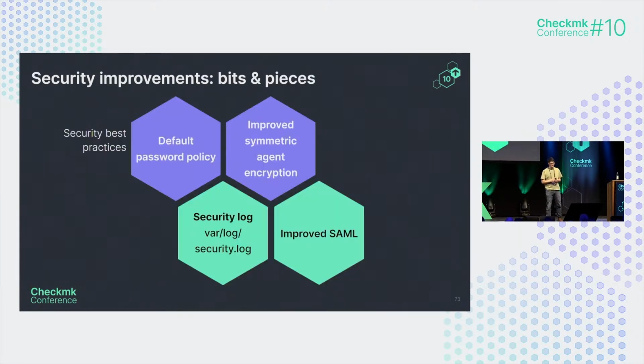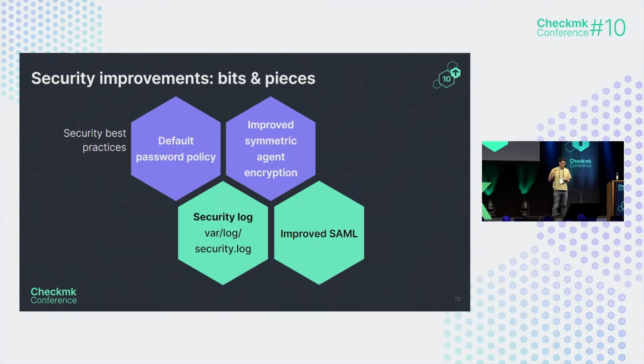We also did a lot of security best practices. It might annoy you a little bit, but there's a default password policy in Checkmk now. Passwords have to be at least 12 characters long. You can obviously override it in the settings of Checkmk, but we always try to improve the security of Checkmk, and there are a lot of things we do under the hood which you might not see.